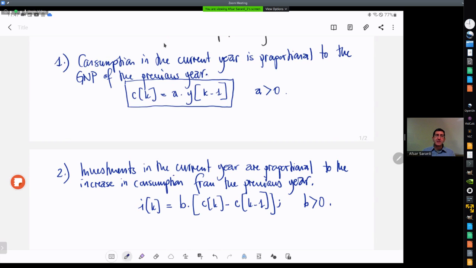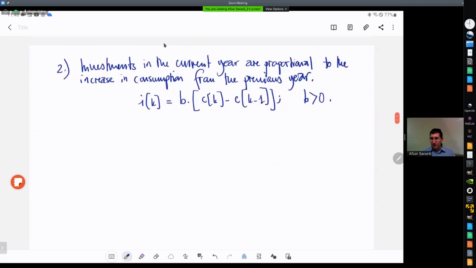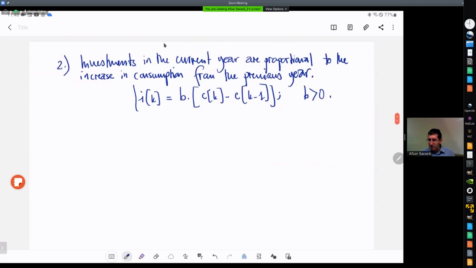Therefore, companies invest in order to grow. If you're a sales company, let's say you're making t-shirts, and you see that people are spending more on t-shirts from previous to current year, you invest into manufacturing more t-shirts. So that's the logic of how investments are moving.